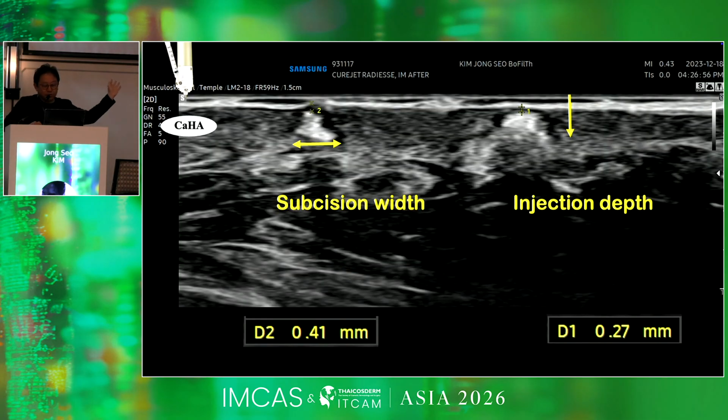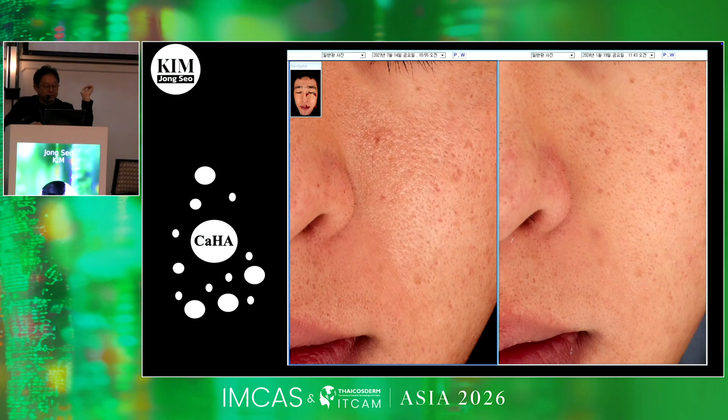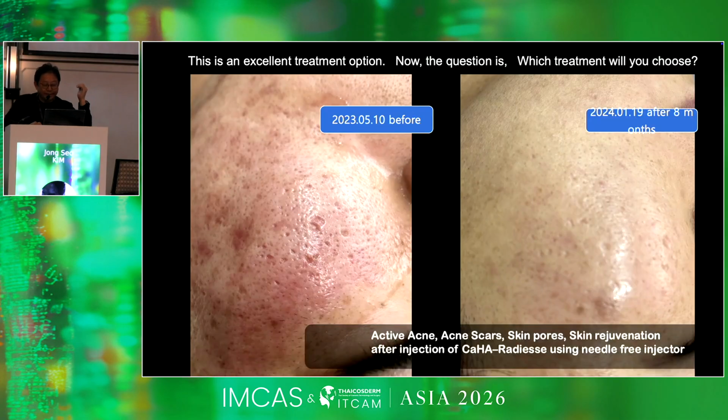Also, this patient showed an injection depth of 0.3, and lateral subcision was 0.4 millimeter. This is immediately after treatment using the needle-free injector, before and after. The scar improved, and the acne scar also improved. Box scar and ice pick scar improved a lot.